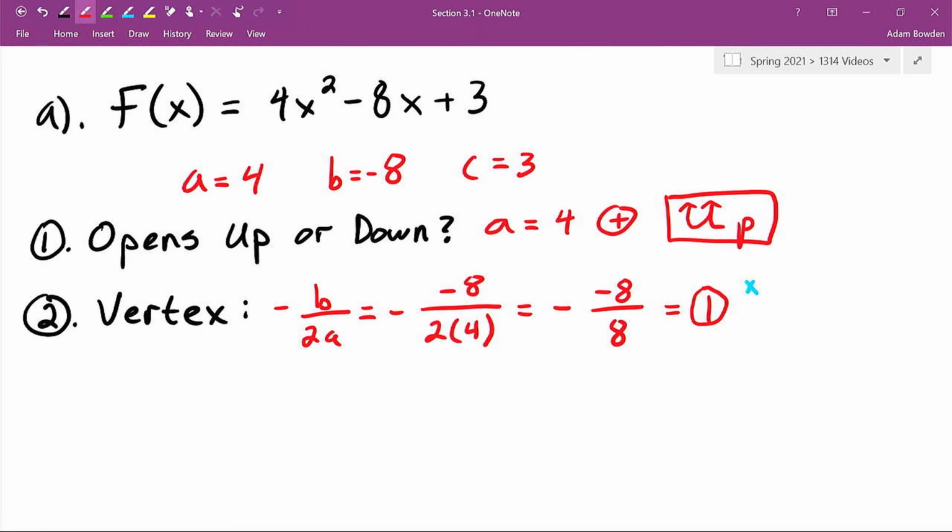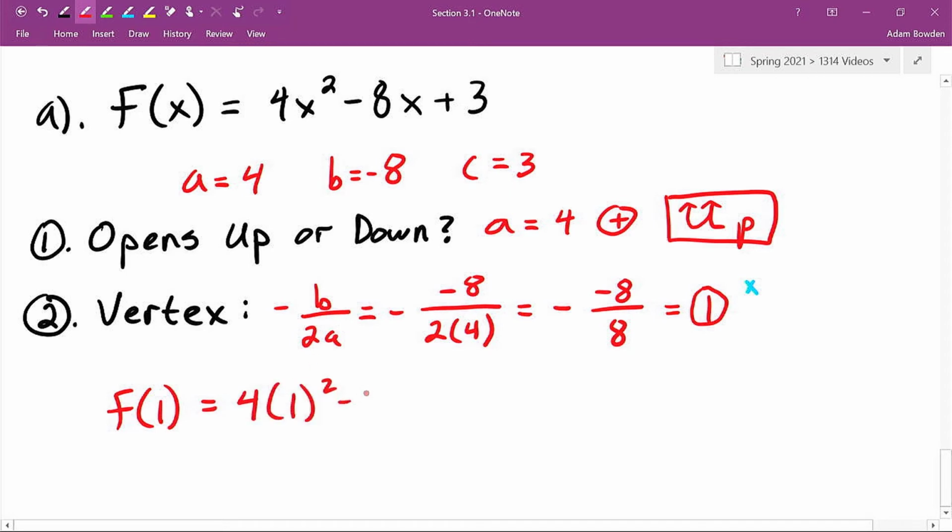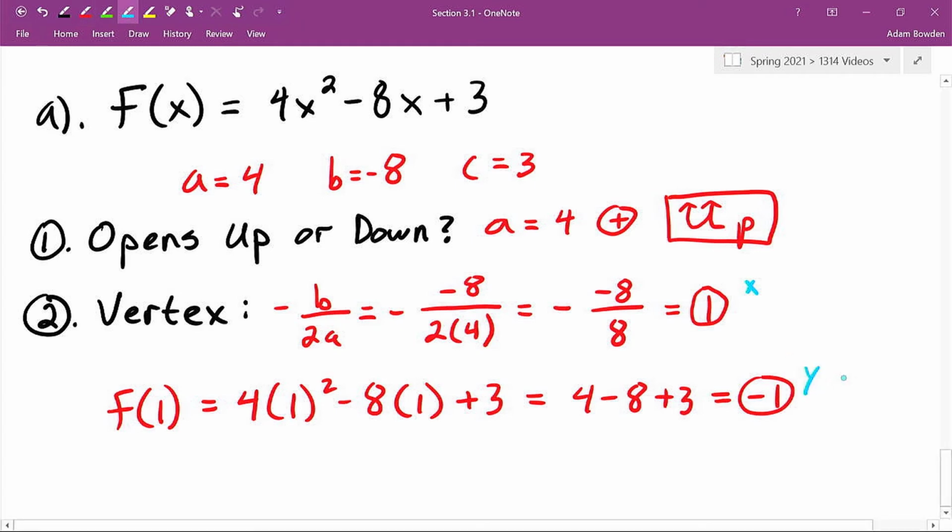We have to plug that in to get to the other part of the vertex for the y-coordinate. We have to plug in and calculate f of 1. That would look like 4 times 1 squared minus 8 times 1 plus 3, which would look like 4 minus 8 plus 3. And that would be equal to -1. That gives us the y-coordinate of our vertex. So our vertex would be the point 1, -1.